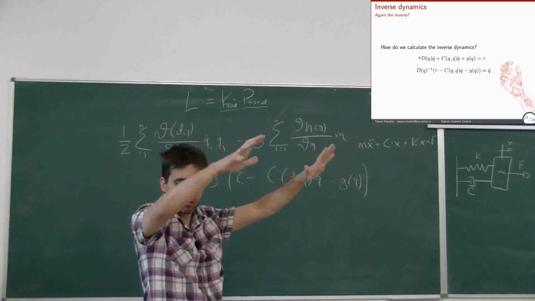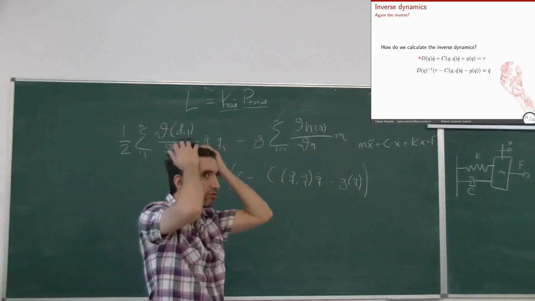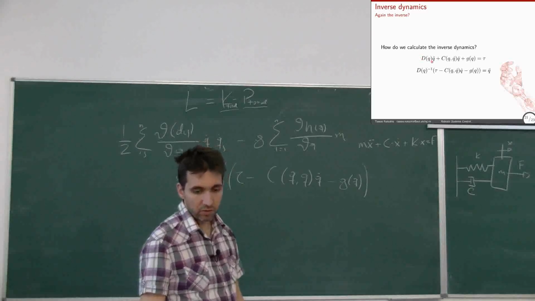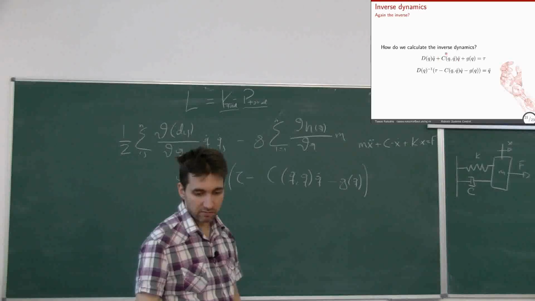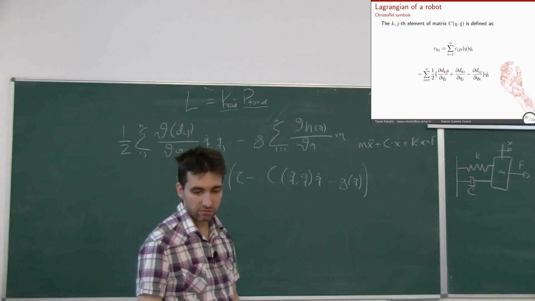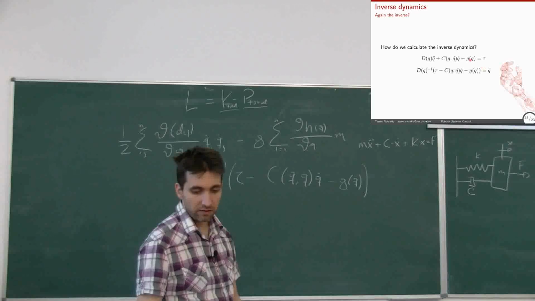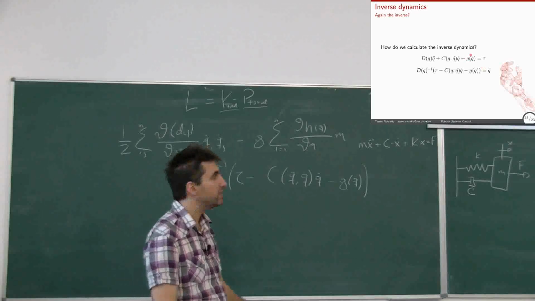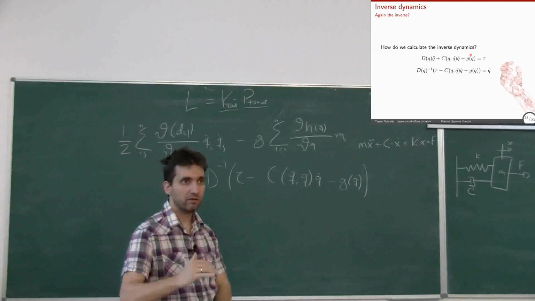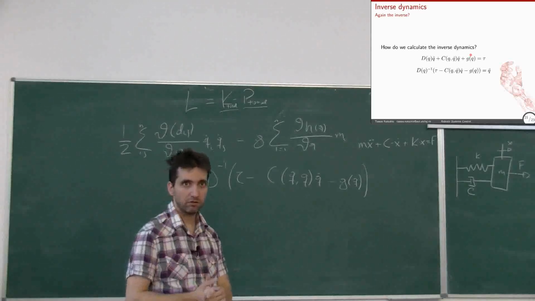And if it's a two-joint robot, it's a 2x2 matrix, not too many terms. We saw that this C matrix is also easy to calculate if we know the matrix. And this G is also relatively easy. If I have the potential, I just need to derive with the joint values, q1, q2, and so on. And I have it.